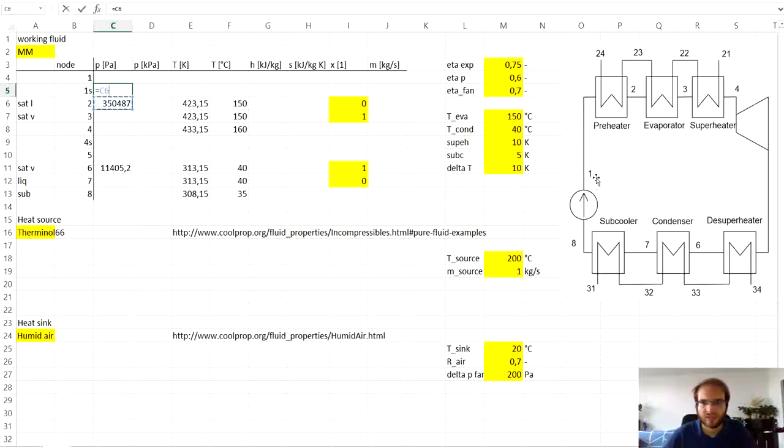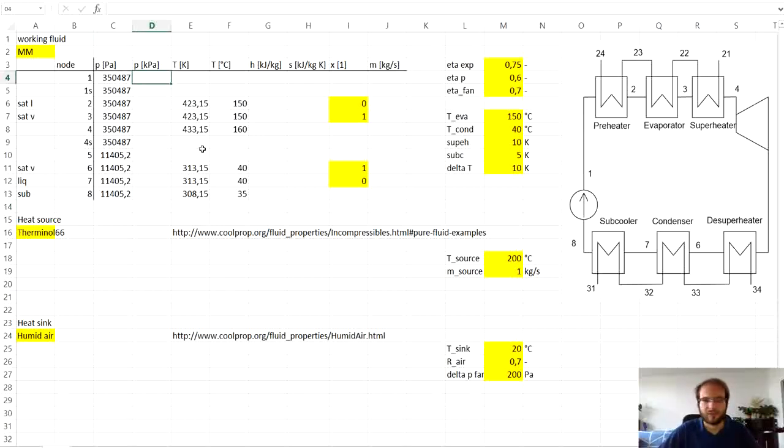So going from the point 2 downstream, to the point number 1 after the pump, and then from 2 to 3 and 4 all the way to the expander inlet. And now the second pressure, the low pressure in the cycle, is the same from the expander outlet all the way to the inlet of the pump.